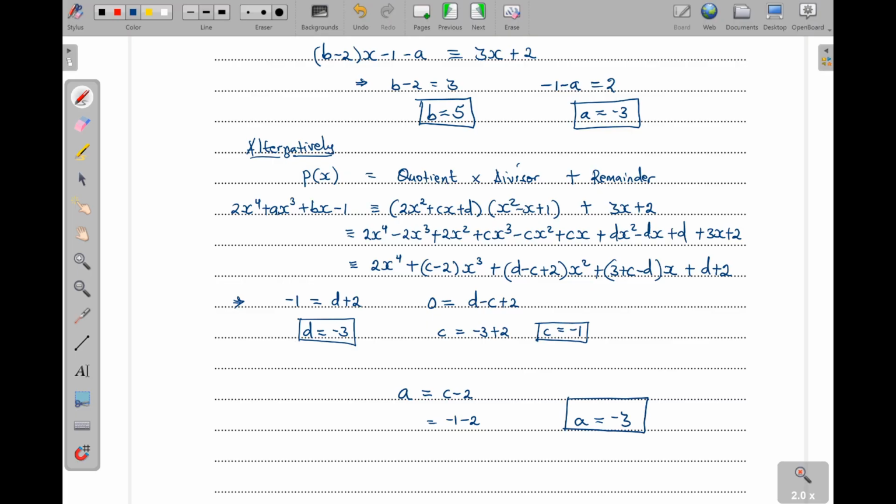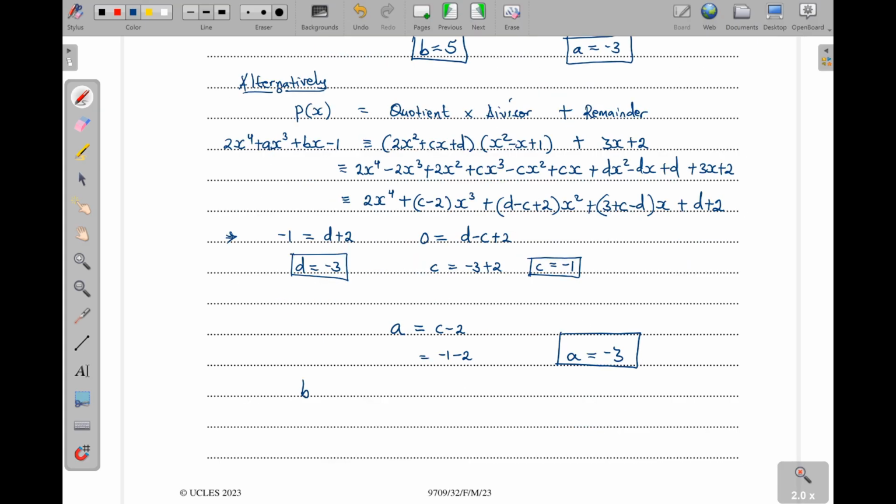Then to get b, that is the coefficient of x, b is equal to this one here, 3 plus c minus d. This is 3. Our c is minus 1. Our d is minus 3. So when you put minus 3, that one becomes a plus.